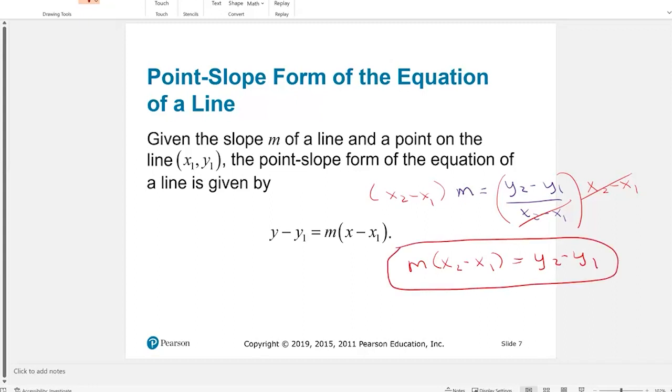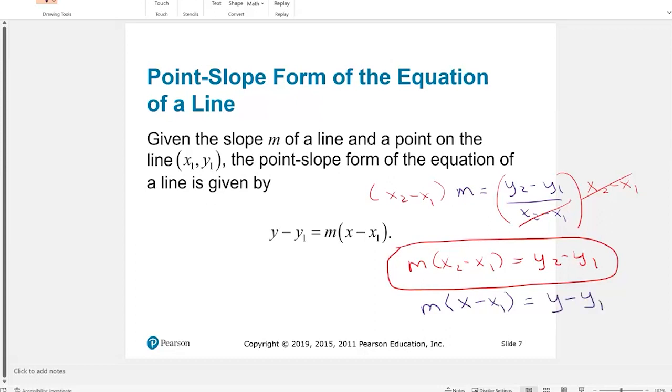Now, the only thing wrong with this is it's saying I know two different values of x, but they're only giving me one point. So I only know one value. The other one is variable. So I change x2 to just x minus x1, because I know x1, and since I don't have a y2, I have y minus y1.